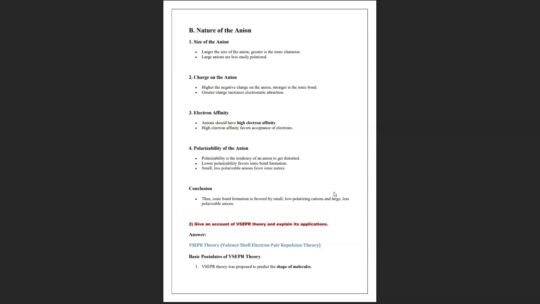First, write the nature of cation and nature of anion. Start with a small introduction, write the definition, and then start with the nature of cation and nature of anion. Use keywords like ionization energy, electron affinity, and lattice energy.